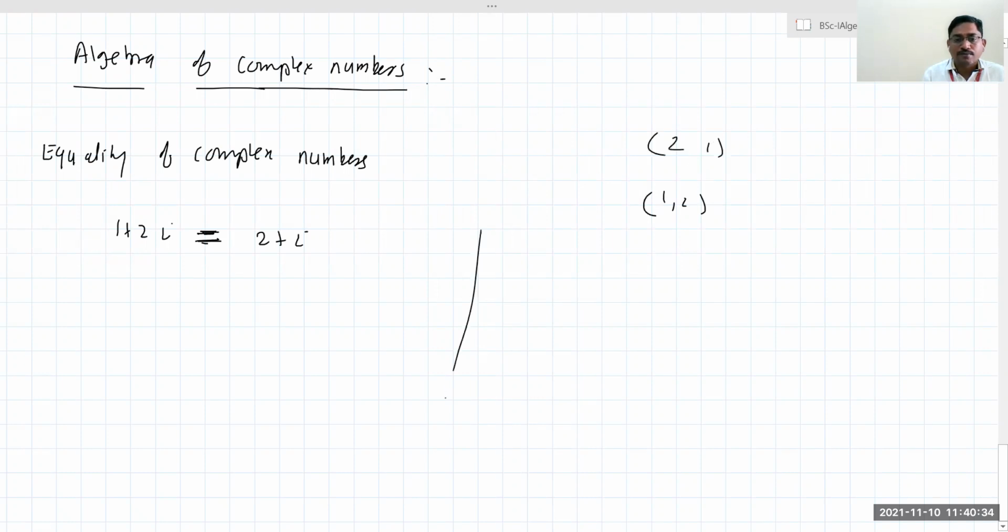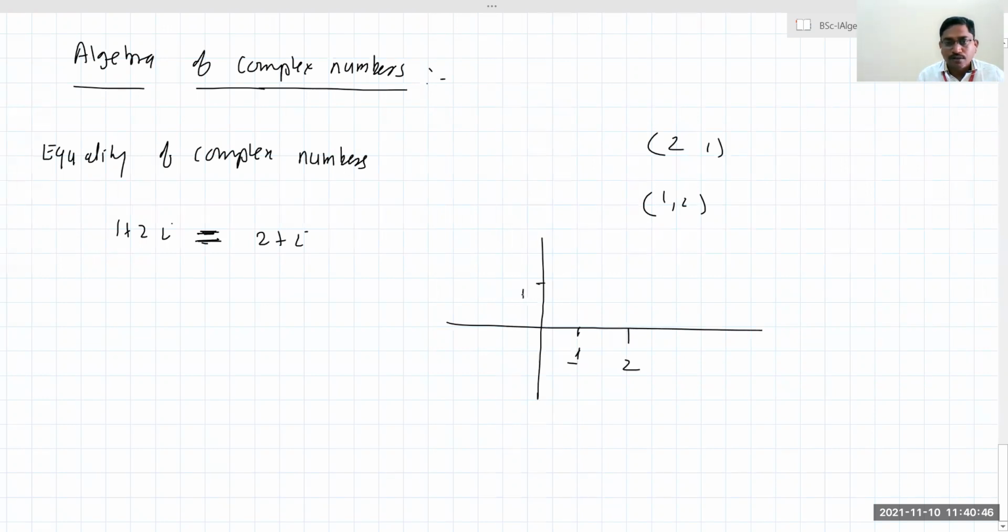I will show you in the diagram. So where is 1, comma 2? Suppose 1 is here and 2 is here. And here 1 is there and 2 is there. So 1, comma 2, this is the first complex number. And 2, comma 1, this is the second complex number.